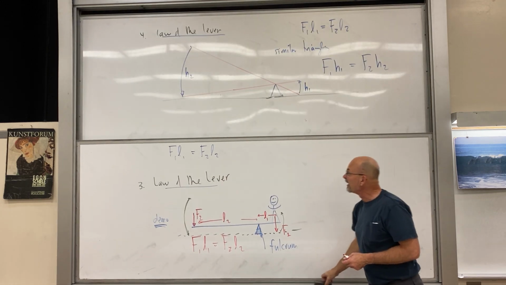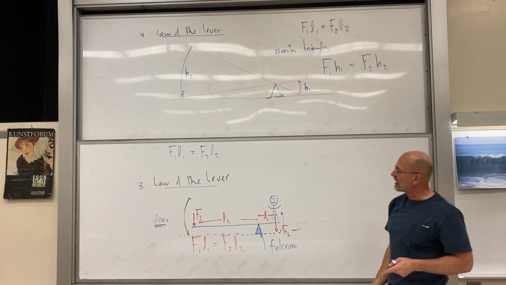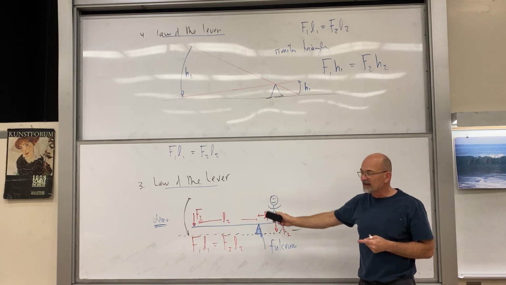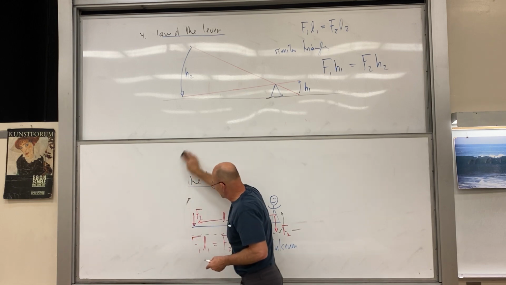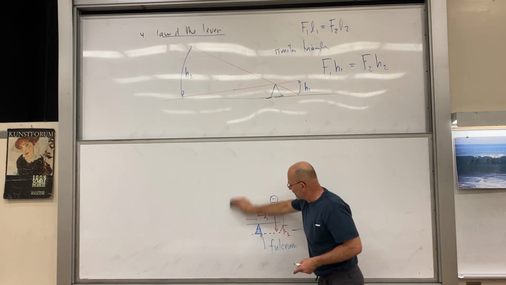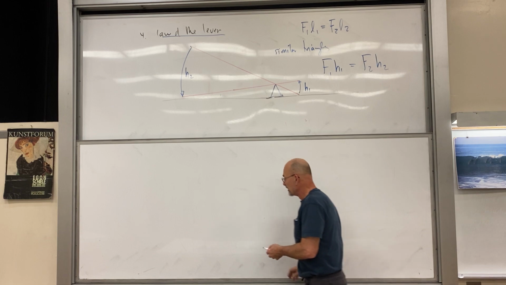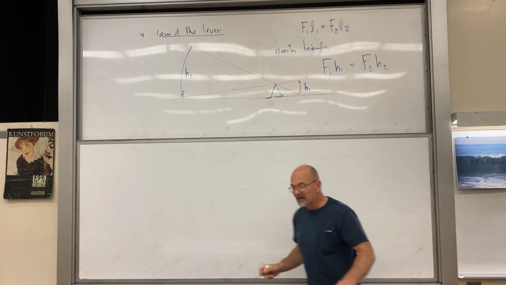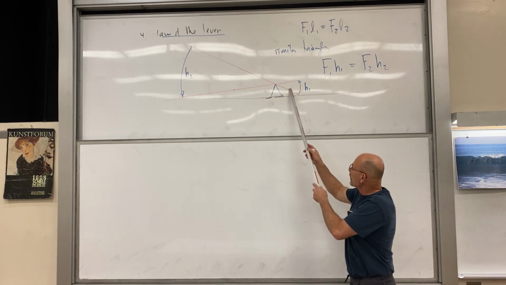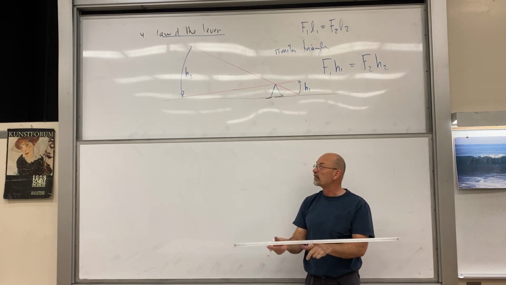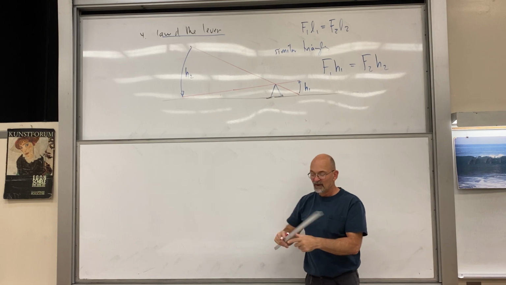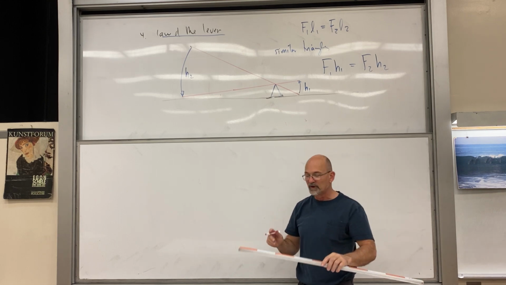So what we have to have, and I'm going to keep these numbers going, so 0.5, what we have to have in addition to this is a concept called the center of mass. Because up until now, the weight or the mass of these rulers and boards and whatever we're using didn't play a role, but now they're going to.